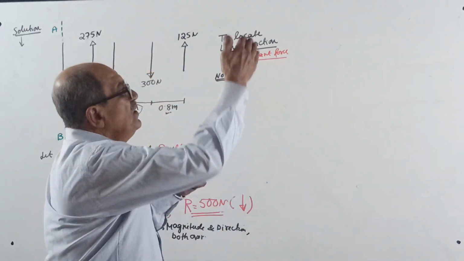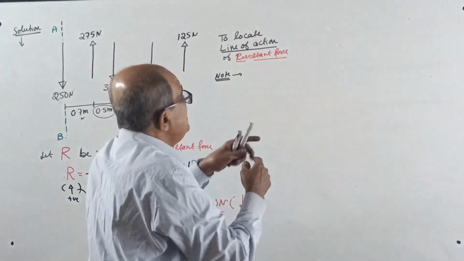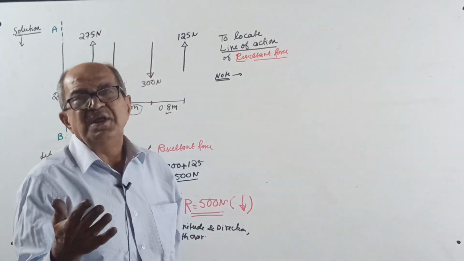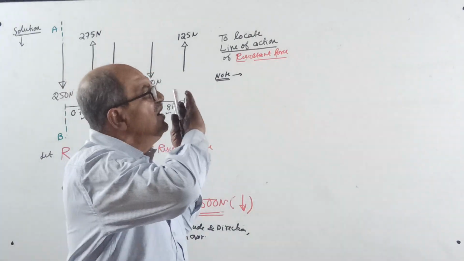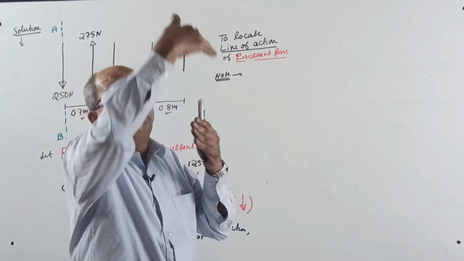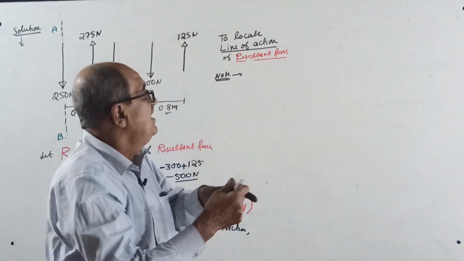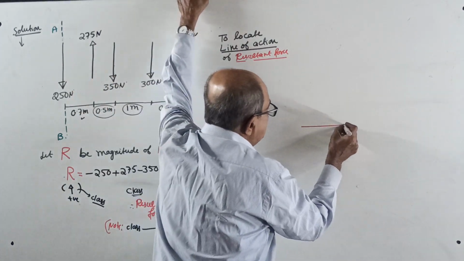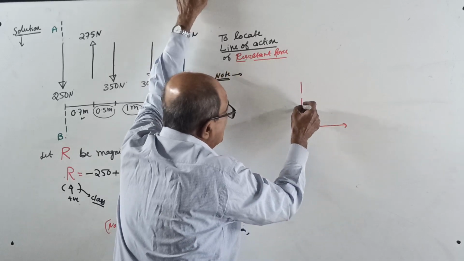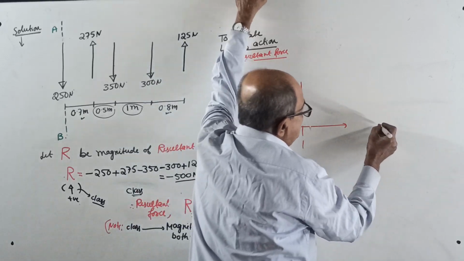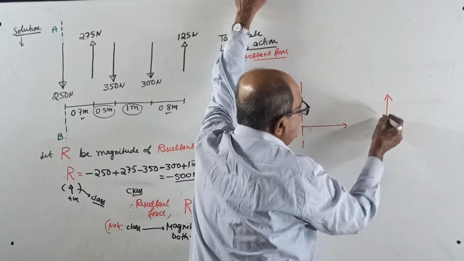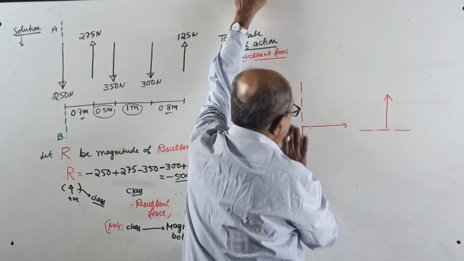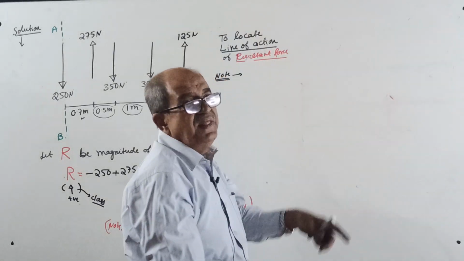Usually, see, you are engineers. A horizontal distance is always from a vertical reference axis. Any vertical distance is always from a horizontal reference axis. That much common sense should be there.